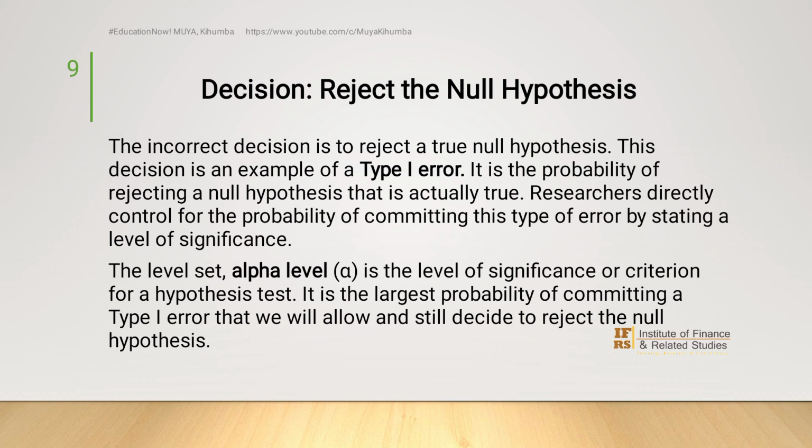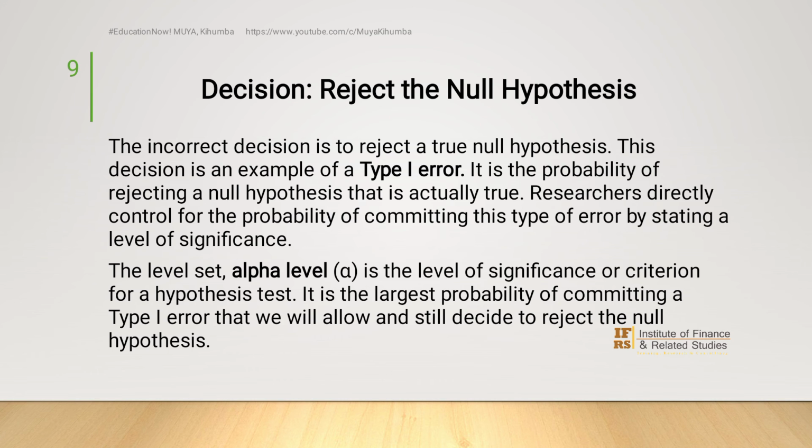Similarly, to minimize making a type 1 error, we assume the null hypothesis is true when we begin a hypothesis test. Since we assume the null hypothesis is true, we can control type 1 error by stating a level of significance. The level we set, called the alpha level, is the largest probability of committing a type 1 error that we will allow and still decide to reject the null hypothesis.